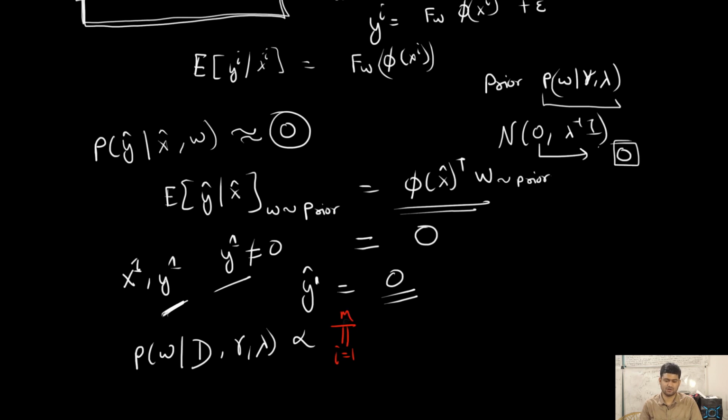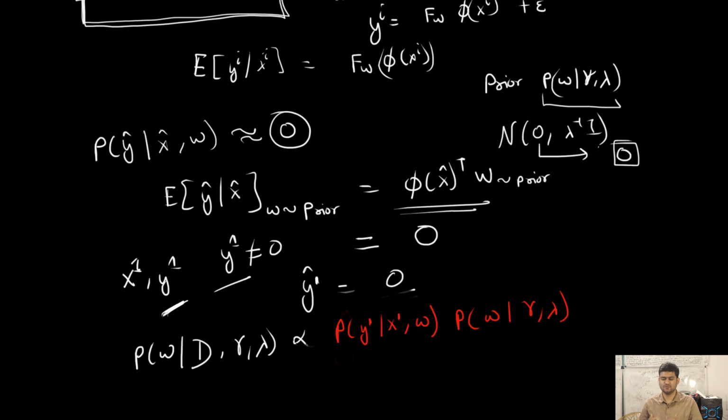If you have just observed one sample, then it has to explain P of y1 given x1. Just assume we have observed just the first data point. So now this posterior distribution has to explain both the likelihood, that is P of y1 given x1 and the choice of w, times the prior distribution that we had over w.